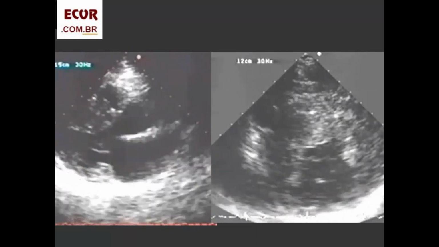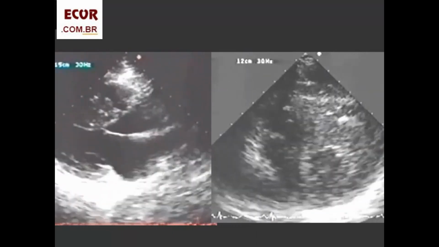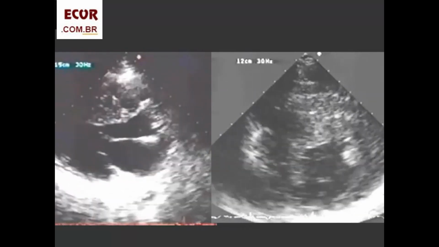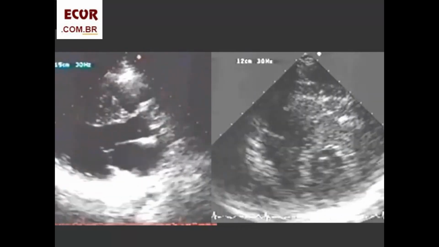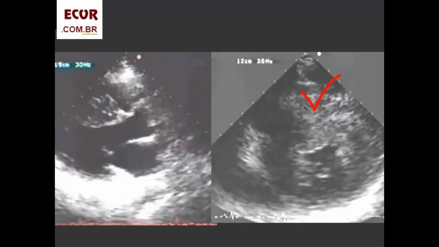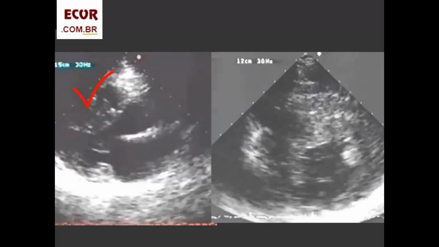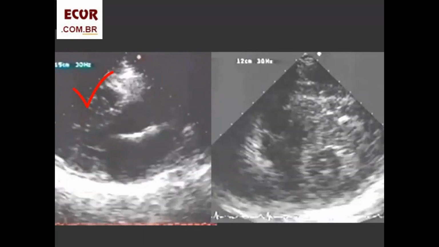So here is a typical hypertrophic cardiomyopathy. There is an IVS much thicker than the posterior wall. Notice the characteristic granulations that resemble rice grain within the IVS.